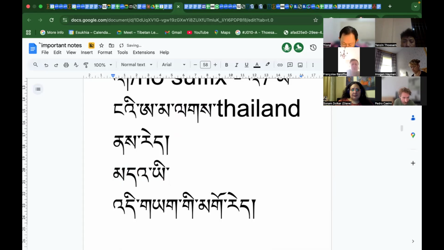Dai shu, the bow of an arrow. Now let's say mau cha, ja.